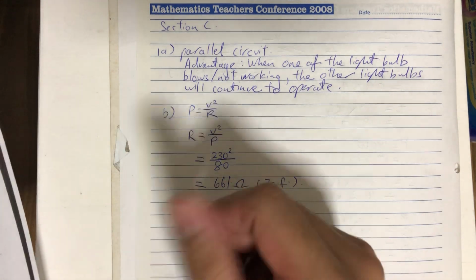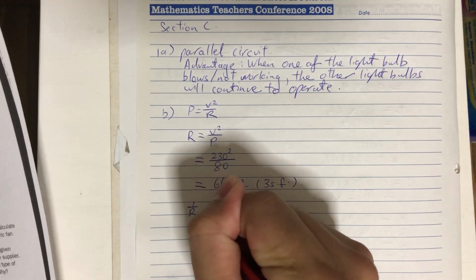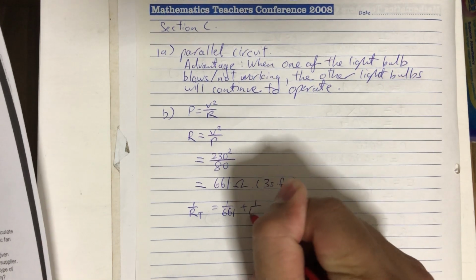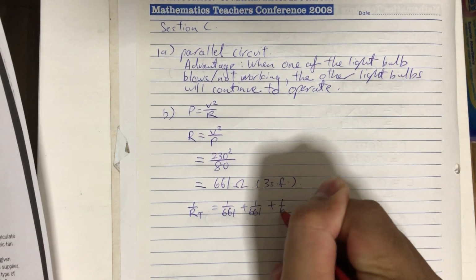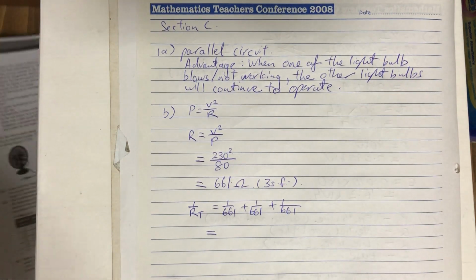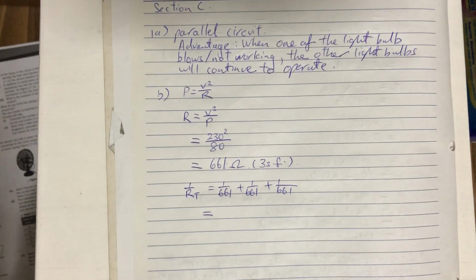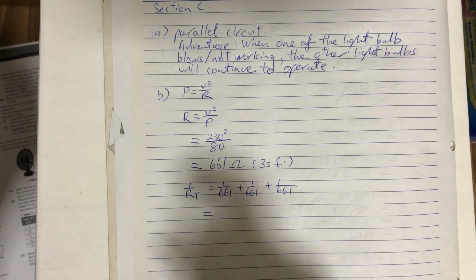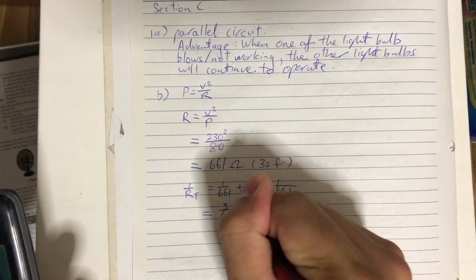Okay, so using this idea, I want to calculate the total resistance: 1 over 661 plus 1 over 661 plus 1 over 661. But this is only the start. You get 3 over 661, right?